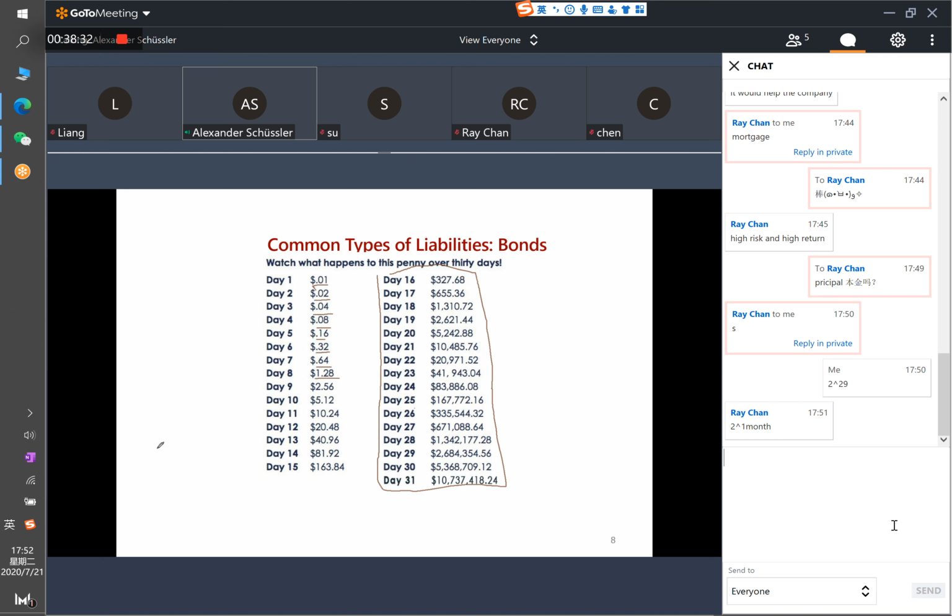And it's exponential growth. Yeah, you call that exponential growth.